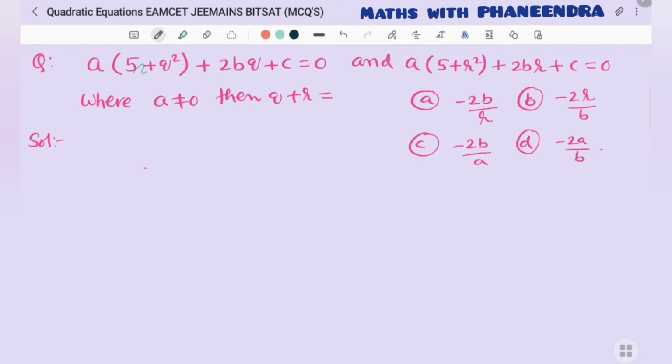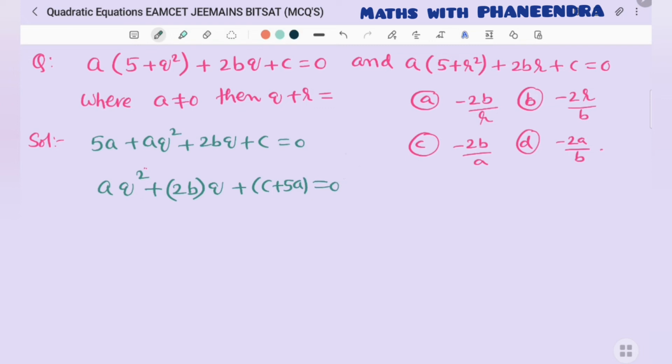A into 5 plus q square. So, the actual first equation I am taking: 5a plus aq square plus 2bq plus c is equal to 0. So, 5a and c are constants. Aq square plus 2b into q plus c plus 5a is a quadratic equation 1.